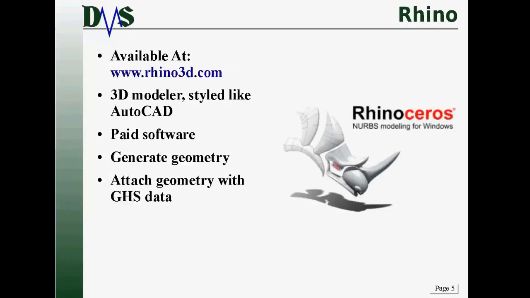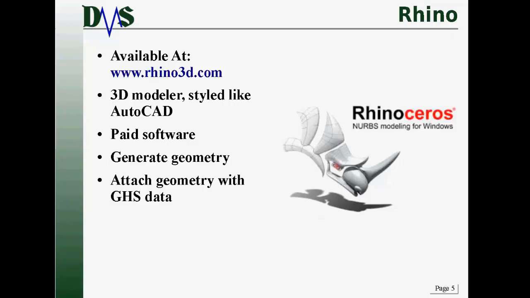So Rhino. You can buy this from rhino3d.com. When I last checked, they were retailing for around $1,000. If you are a student, you can get them for a cheaper price than that. But Rhino is much more than just an add-on to GHS. It's actually a program in its own right, a 3D modeler styled very much like AutoCAD.